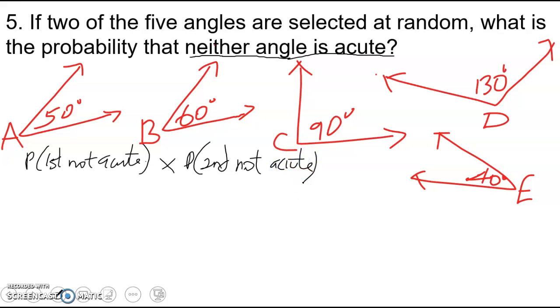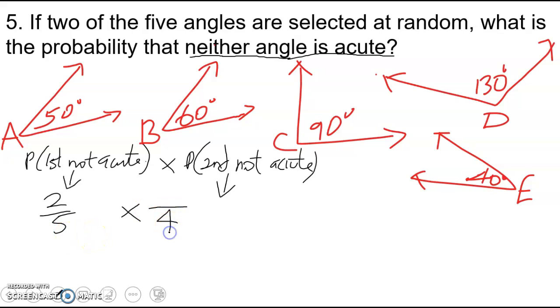So we already have the total. There are 5 angles here. Out of these 5 angles, acute is less than 90. So 60, 60, 43 are acute. So 2 are non-acute. So the probability of the first one not being acute should be 2 over 5 times the probability of the second not acute again. Now, after we remove the first one, there are only 4 angles left, because we don't put it back.